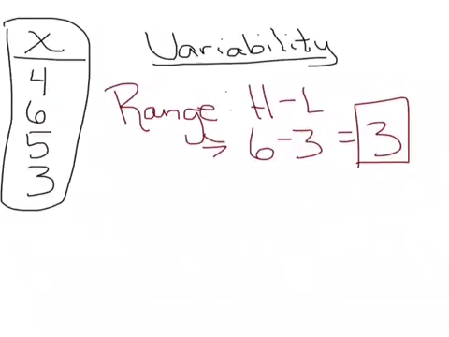They were clustered pretty close together. That's all it tells us. It's a very rudimentary measure of variability.